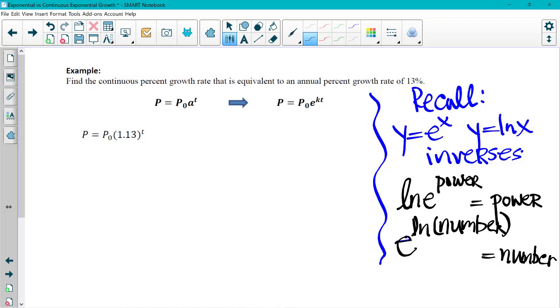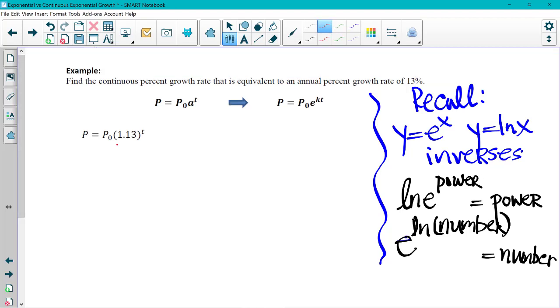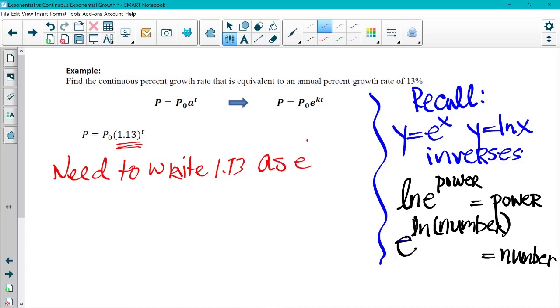So our situation here is we need to rewrite 1.13 as e to a power.